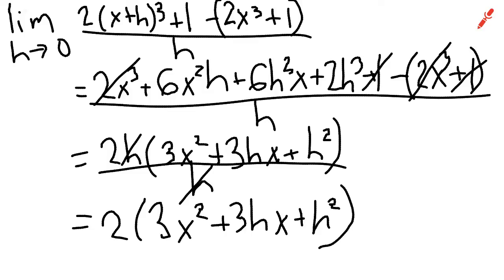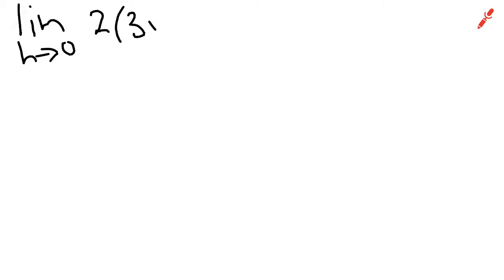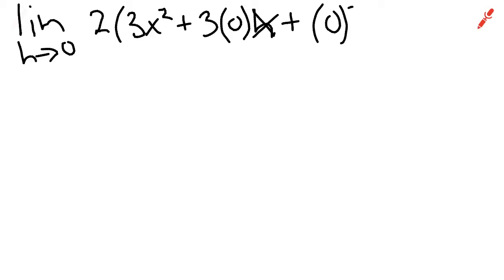And now we plug in h equals 0 into the equation, so we plug in 0 times x plus 0 squared, and our final result will be 6x squared.